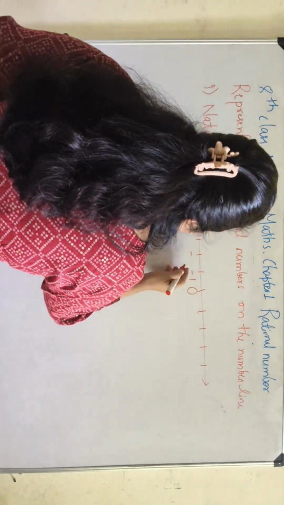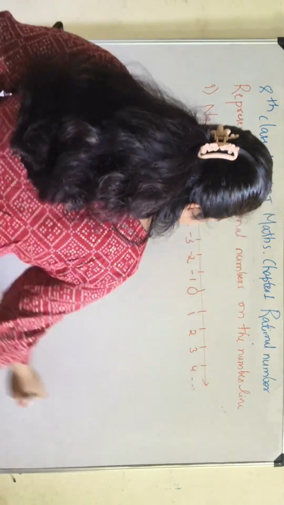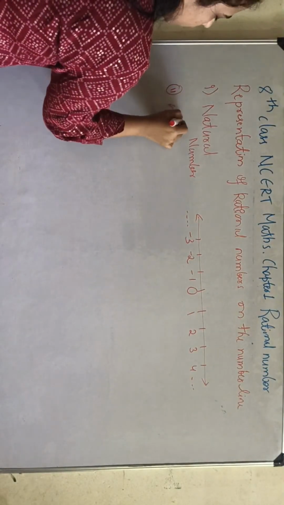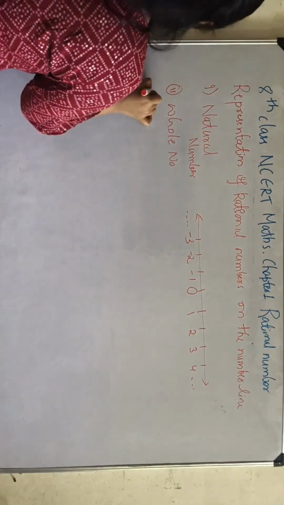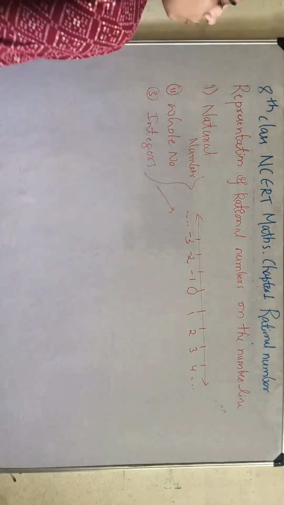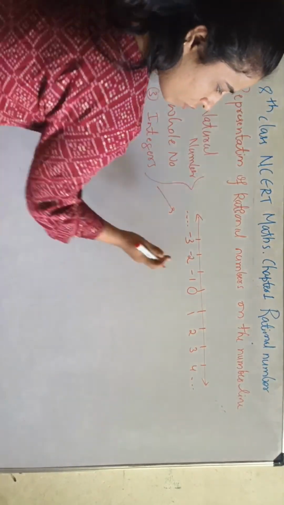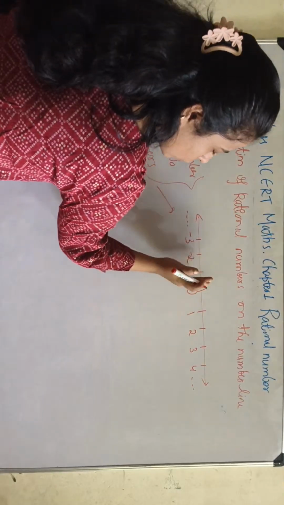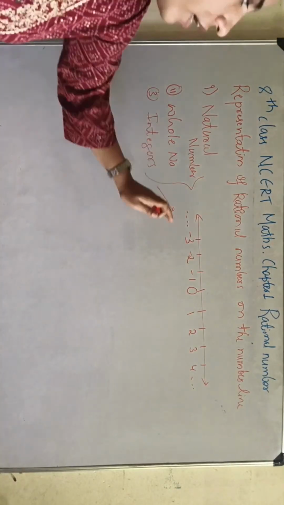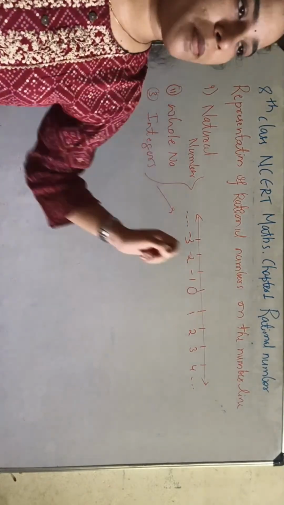Or you can see in one number line only I will tell you the natural numbers and the whole numbers, and the third one is integers. These all we are representing on the number line, right? If you leave this part, the remaining is the natural numbers. If you ignore this negative, including the 0 we call it the whole numbers, and the negative plus whole numbers we call it the integers. This way we will represent natural numbers, whole numbers, integers on the number line.